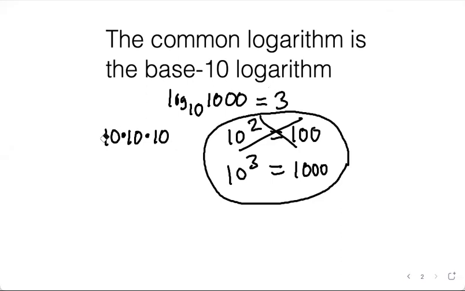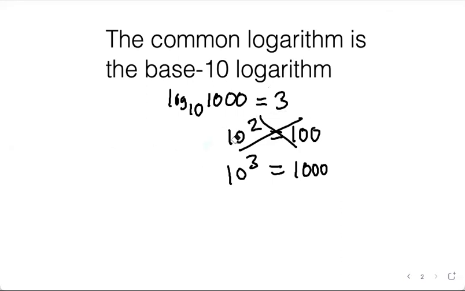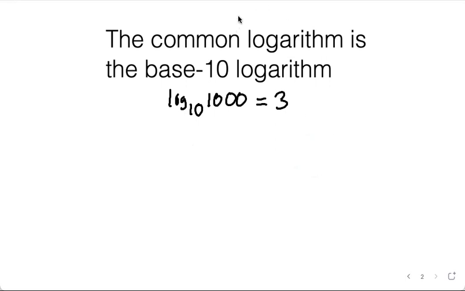Okay, one last thing I must mention. I would be remiss if I did not mention this. There is another way of writing the common logarithm. People were like, we're writing this logarithm so much, we should come up with a simpler way of writing it. Here's a simpler way.